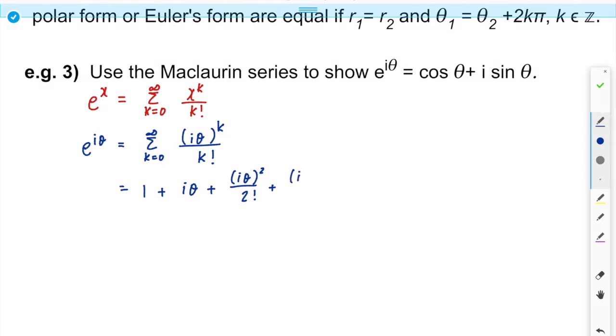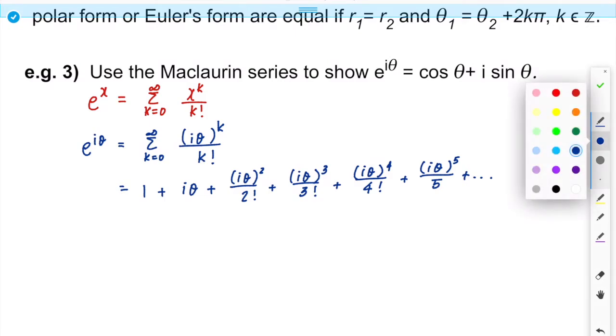Theta squared over 2 factorial, i theta cubed over 3 factorial, i theta to the 4 over 4 factorial, one more, and then dot dot dot. Let's represent that using dot dot dot.